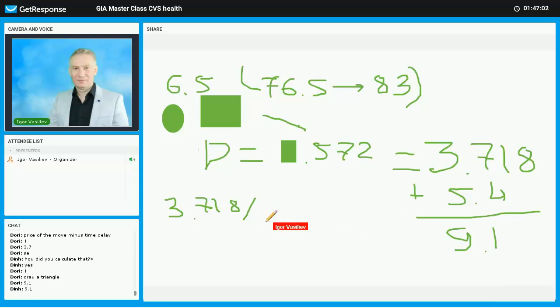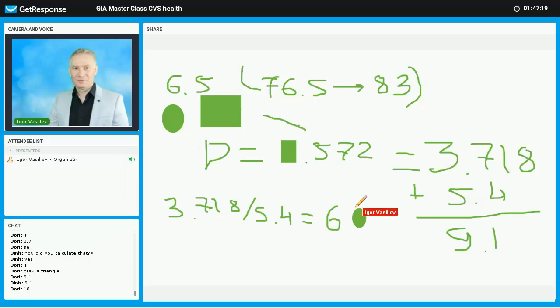We divide it by our investment, $5.4, which gives us 68%. Try it again. So 3.7 divided by 5.4. So it's 68% profit. That's how you can do it.